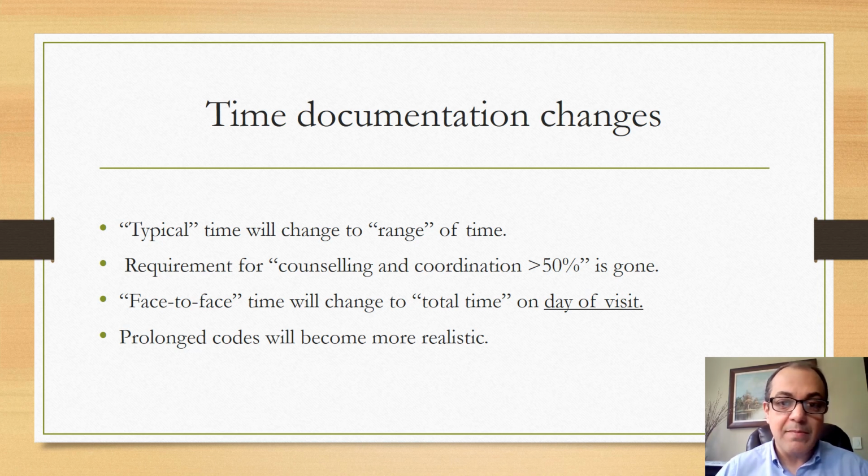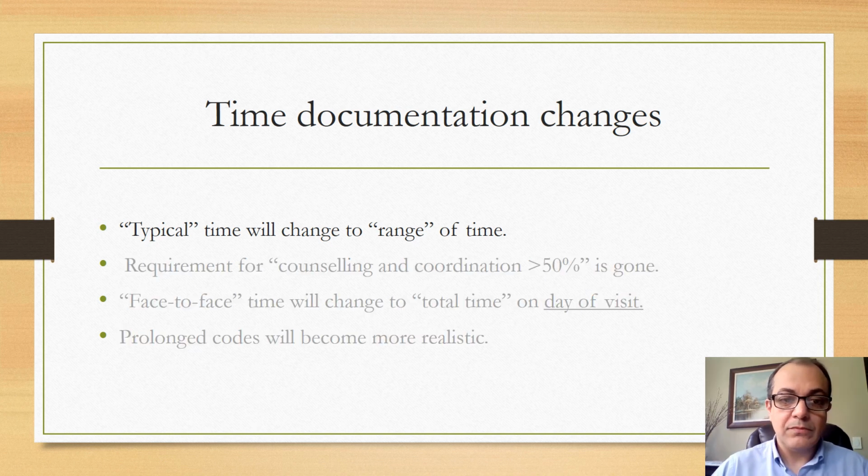I'm going to explain them, but I just want to explain that I arranged them from the least impactful, the least significant, to the most significant, most impactful on our practice and day-to-day clinic workflow. Let's start with the first change. Currently, when you document based on time, you would say something like 25 minutes were spent in a face-to-face encounter and 50% of the time was spent in patient education and coordination of care.